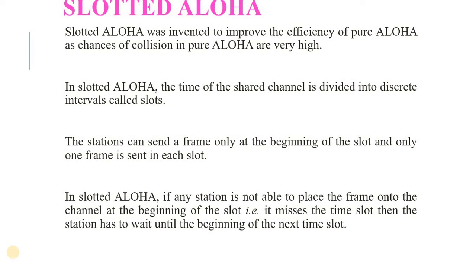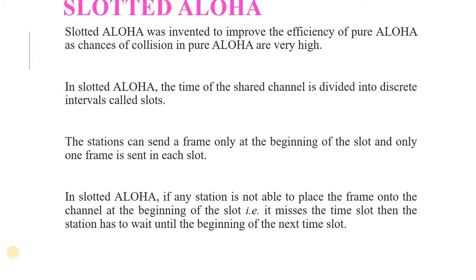In this lecture, we are going to learn about the second method of random access protocol, which is slotted ALOHA. Slotted ALOHA was invented to improve the efficiency of pure ALOHA, as the chances of collision in pure ALOHA are very high.